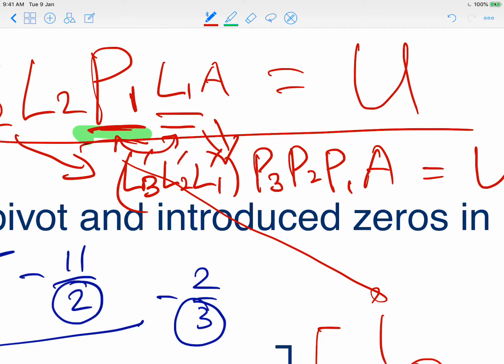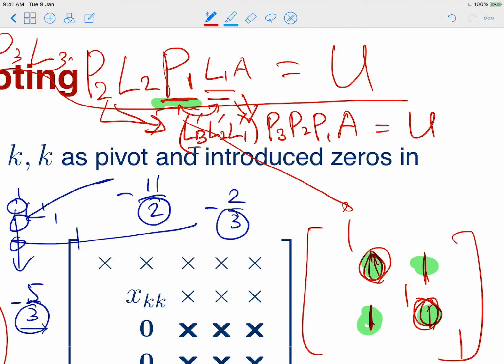So that's why I wrote it as L3 prime, L2 prime, and so on. But we will study how to change this into this form after the break. Okay, so let's take a break until 12:05, and then we will resume after then.